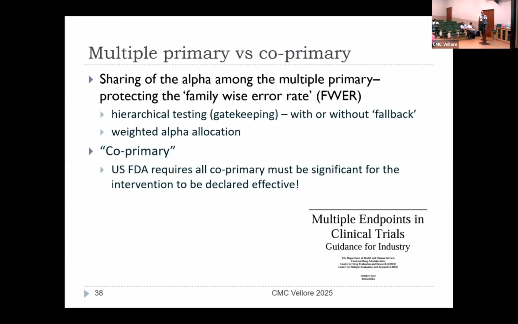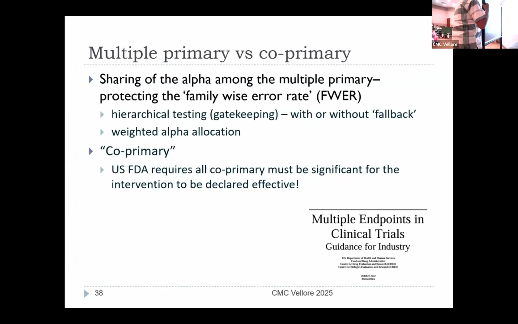Typical things that are done is what's called hierarchical testing. Hierarchical testing is, let's say I have outcomes A, B, and C, right? Whatever they are. So I have A, B, and C, but I have an overall alpha of 0.05.